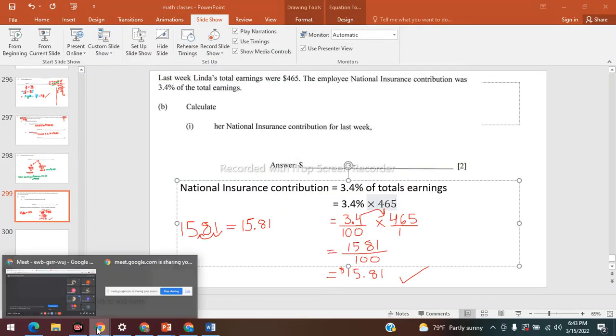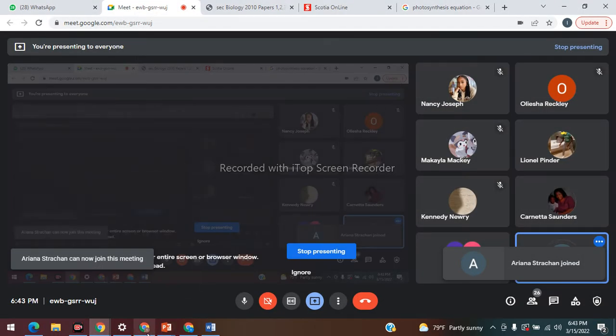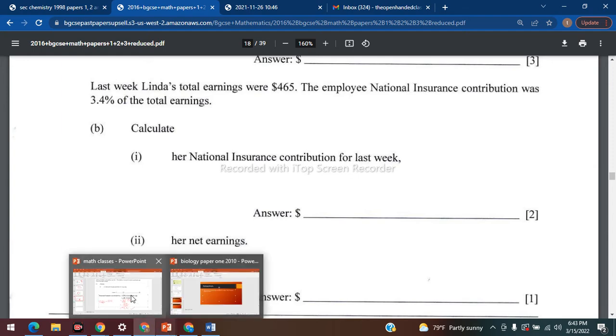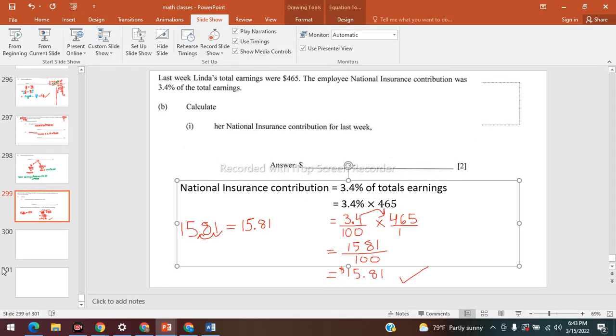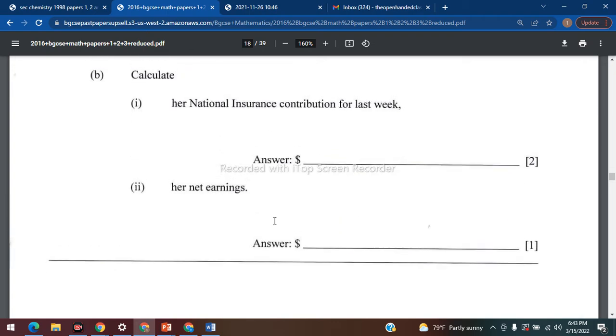Okay, so next up we have the problem. So what is our net earnings?